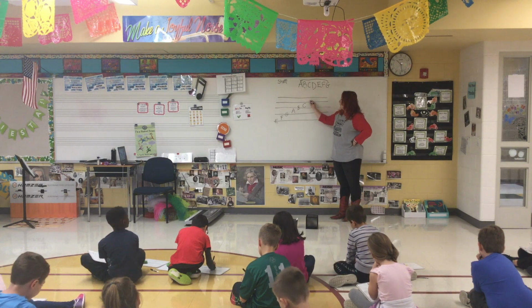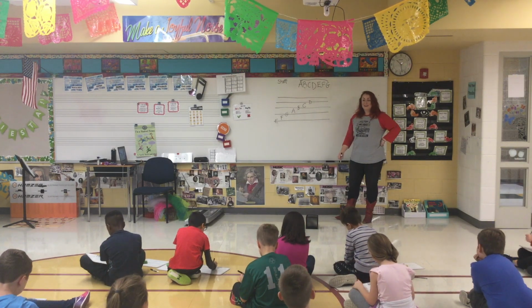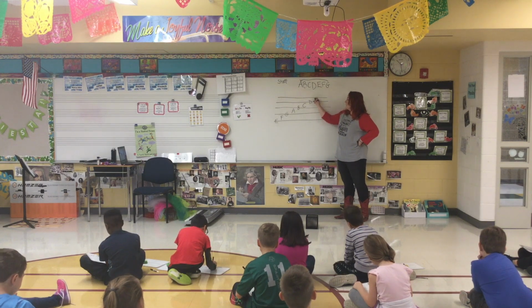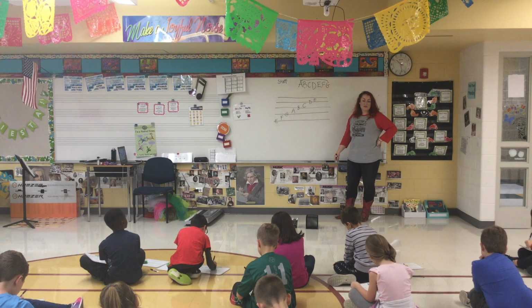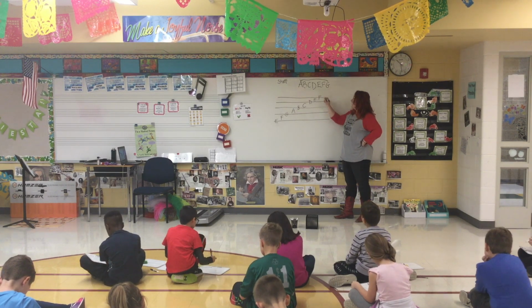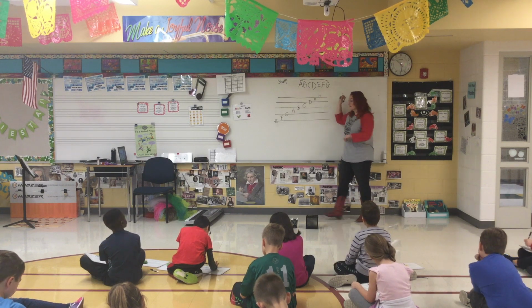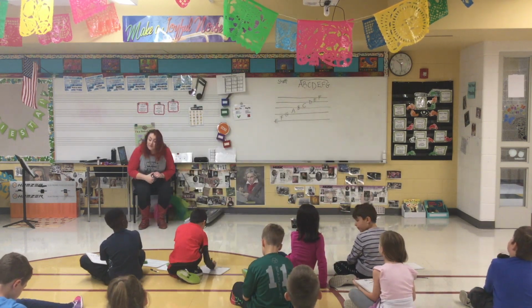D is going to be the fourth line. E is going to be the fourth space. F is going to be the fifth line. And yes, it does continue, but we're not going to worry about that because that's off of the staff.